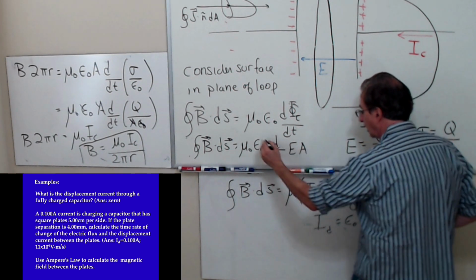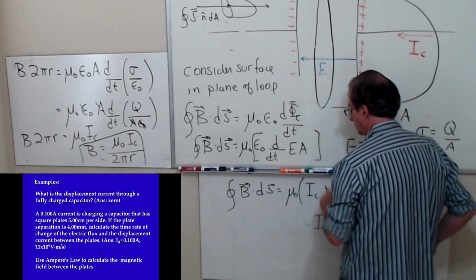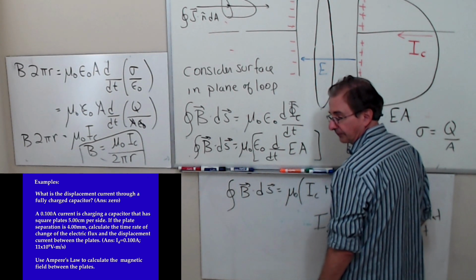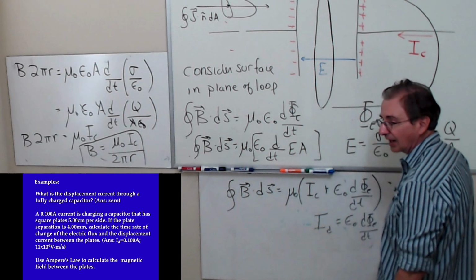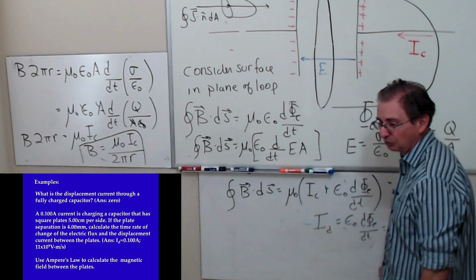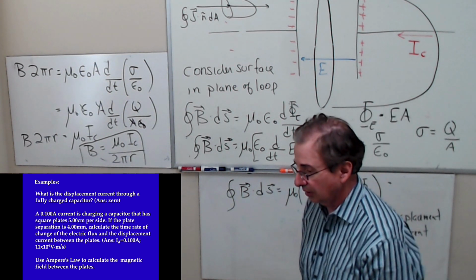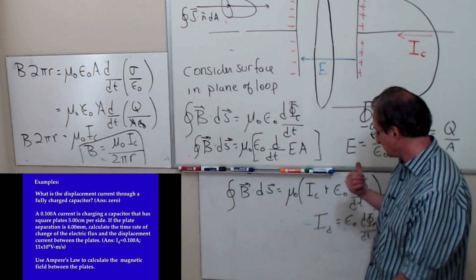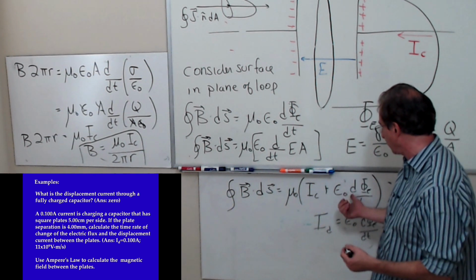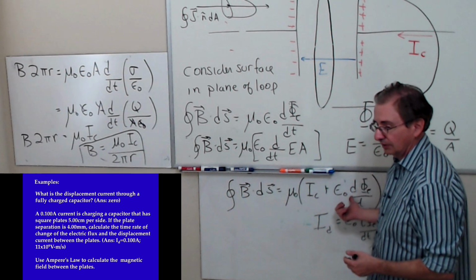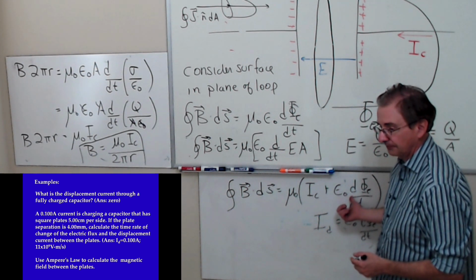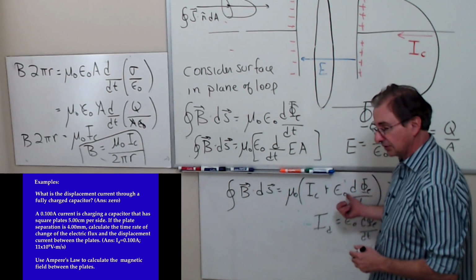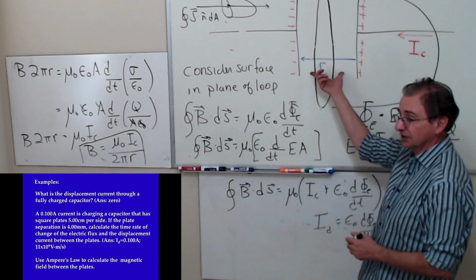All right, what was all this equal to? That's just I sub c, right? Yeah, that ended up being I sub c. So in that question, it says, what is the displacement current? I don't have to go through the whole problem because we already went through it. The displacement current is I sub c. In this region, it is equal to I sub c.